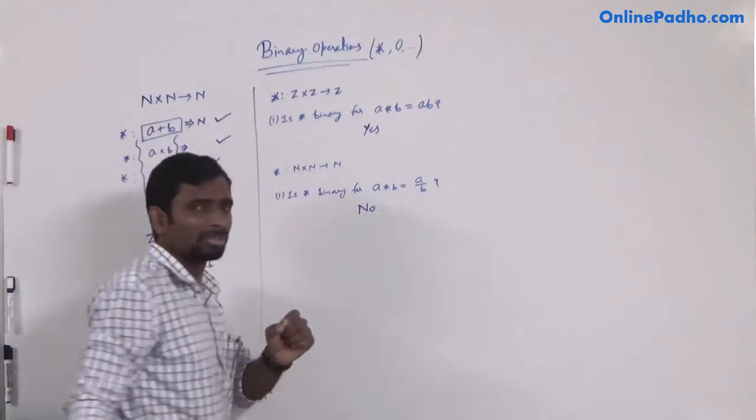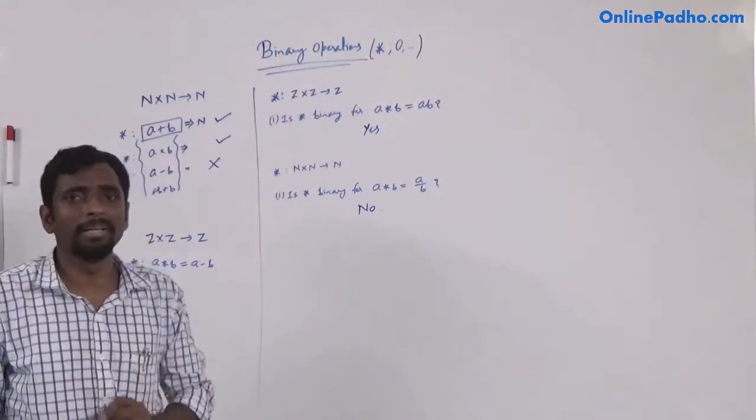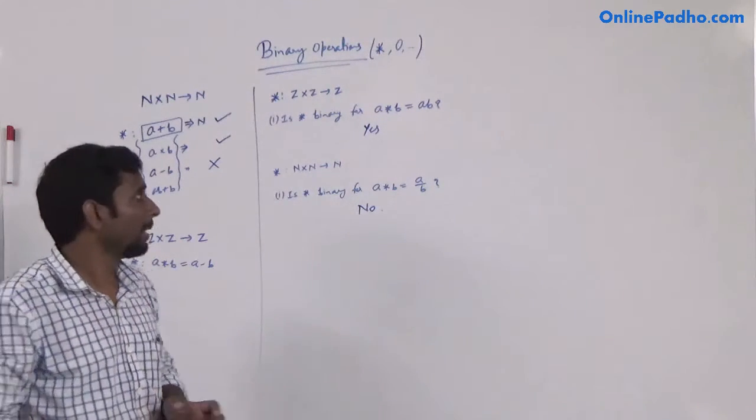The very important question for 1 mark is: is star binary? That depends on the question.